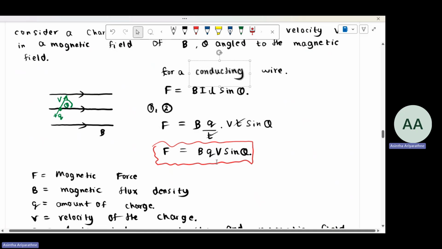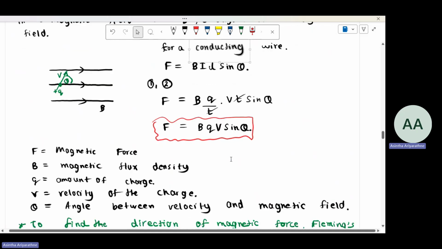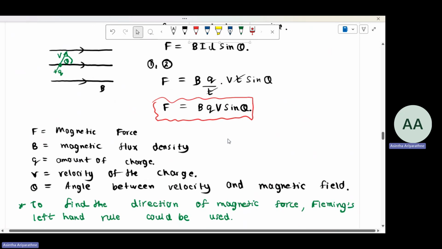There we have F equals B Q V sine theta, where B is the magnetic flux density, Q is the amount of charge, and V is the velocity at which the charge is traveling. Theta is the angle between the velocity and the magnetic field.